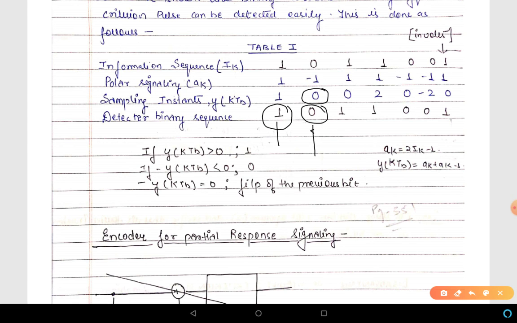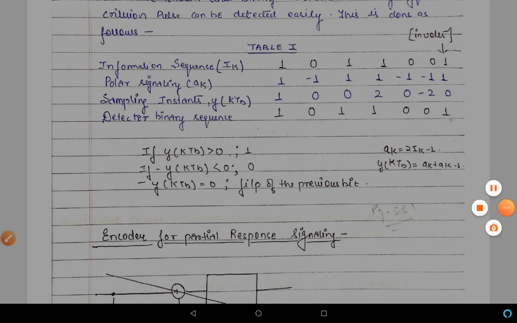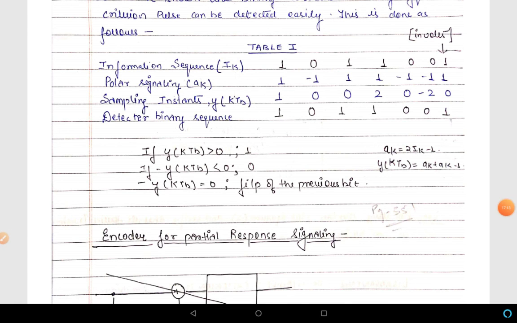Now suppose during transmission this previous bit gets erroneous, that is, rather than 1 it is received as 0. In that case my current decision would be 1 rather than 0. In other words, the detection of the sample value 0 depends on the nature of the previous bit. If my previous bit is erroneous, then my current detection will be erroneous. This is a disadvantage of the Nyquist second criteria. How to remove this disadvantage we will see in the next lecture.